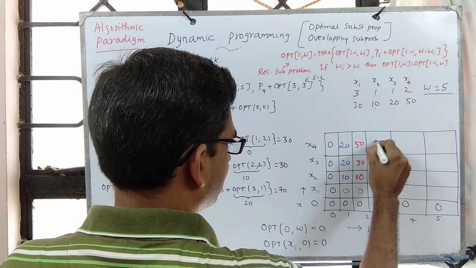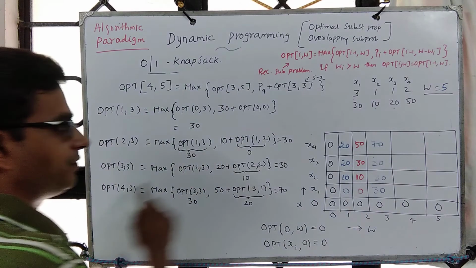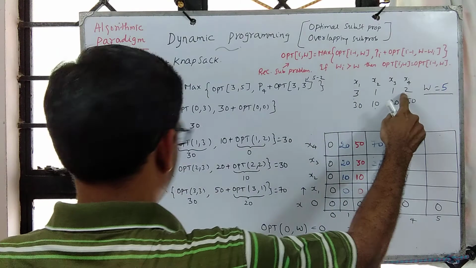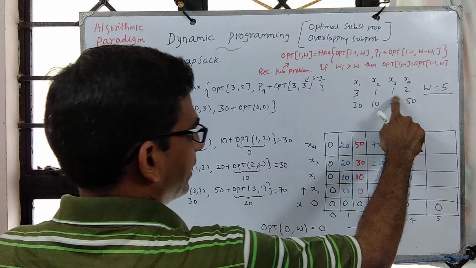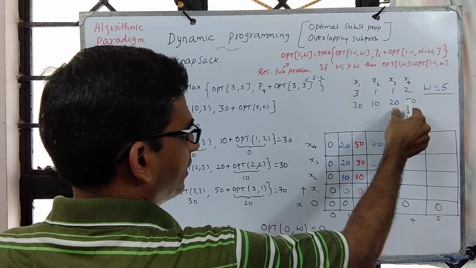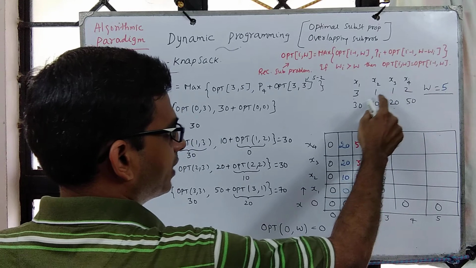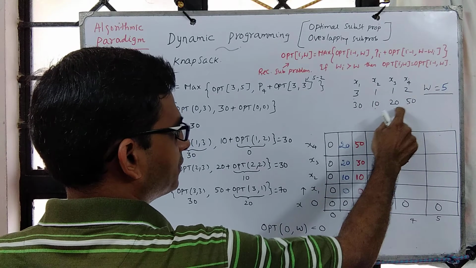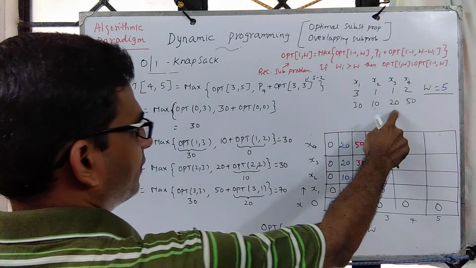This entry is 70. So what this says is, work with first 4 objects with local capacity being 3, which means I can include these two and get a profit of 70, or you can include 4th and 2nd, but then the profit is only 60, so max is 70, so we work with this.